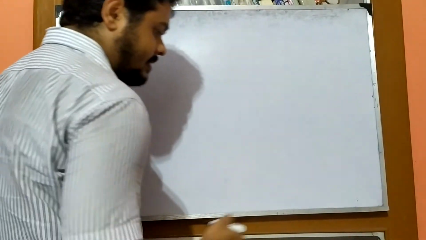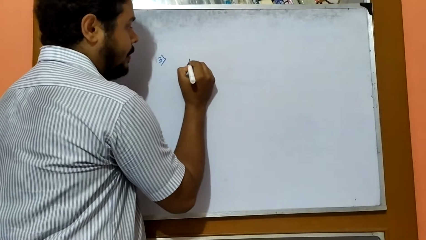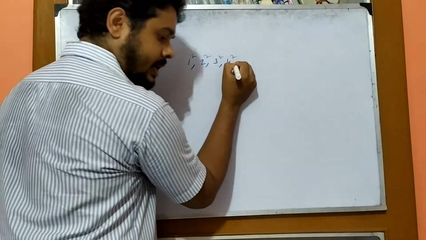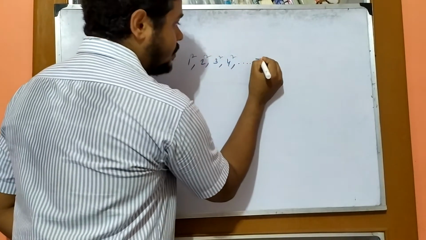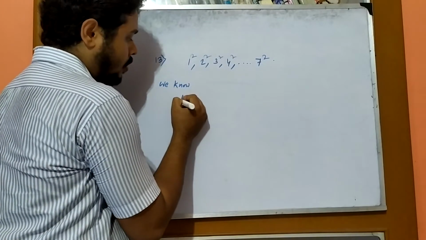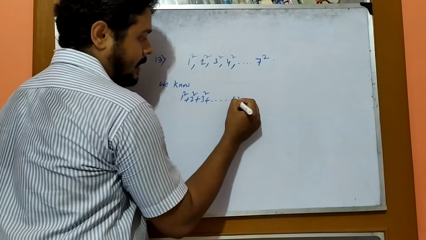Next one: find the mean of 1 square, 2 square, 3 square, 4 square up to 7 square. We know 1 square plus 2 square plus 3 square plus dotted plus n square.